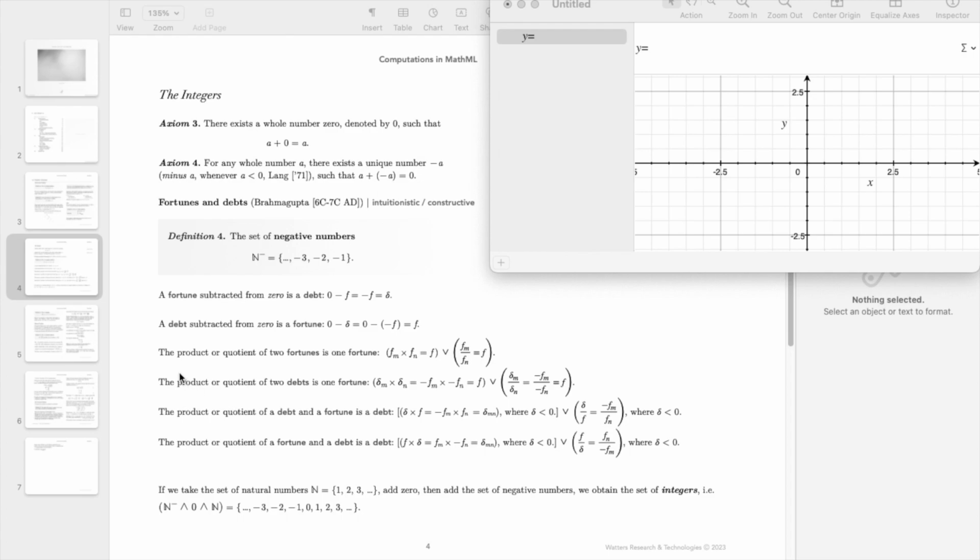So the product or quotient of two debts is one fortune. And so we've talked about how the product of two fortunes pretty clearly yields a greater fortune. We're scaling along the positive edge of the number line in the context of dollar amounts.